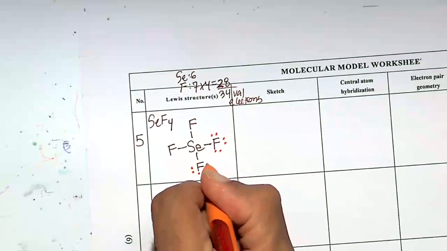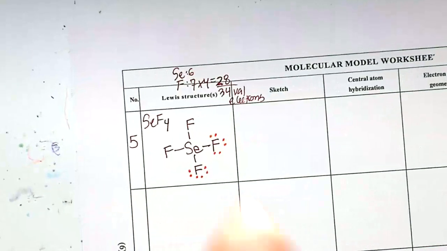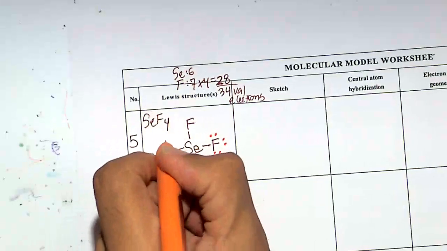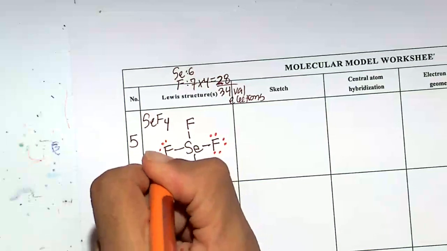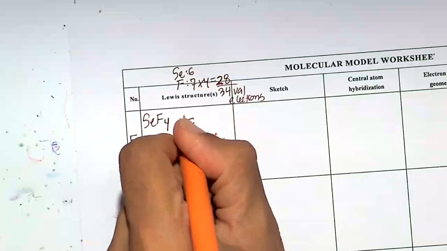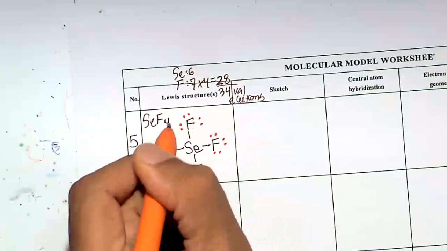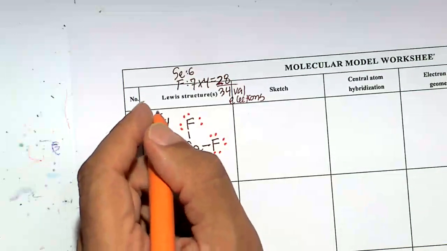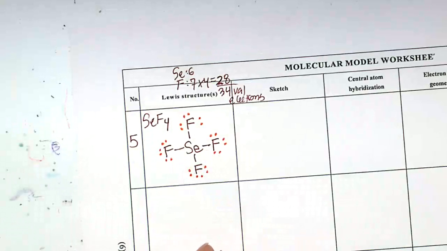I meant pairs, not individual electrons. So you're right, it's 6, but it's 3 lone pairs. For halogens, you're going to have the 3 lone pairs.